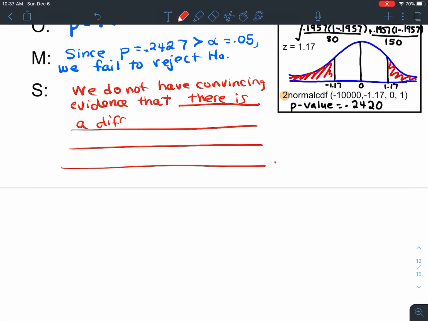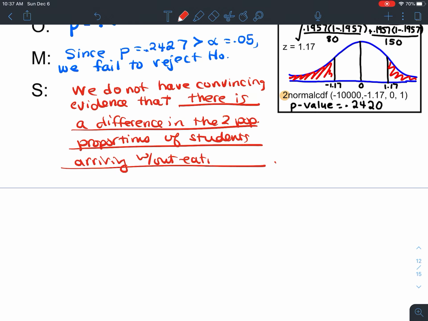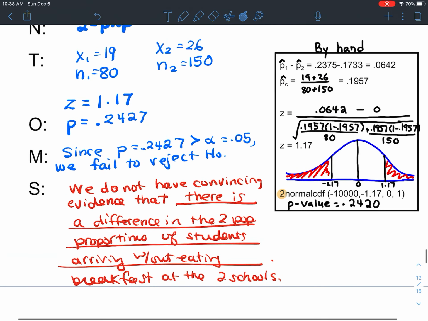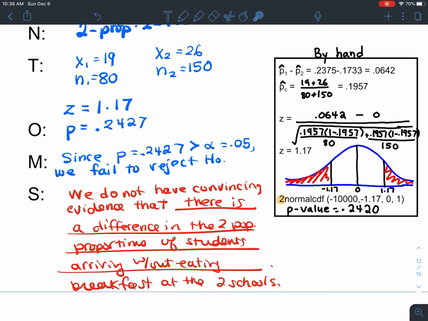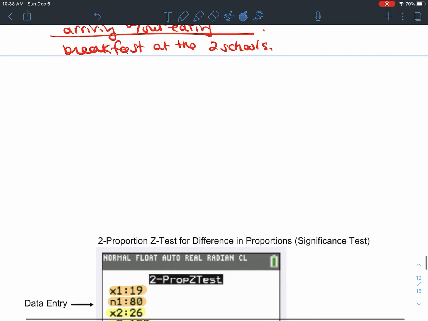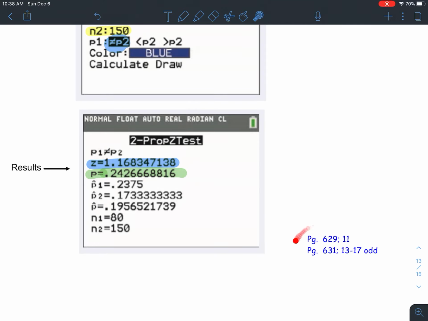So there is not convincing evidence that there is a difference in the two population proportions, here's my context, of students arriving without eating breakfast at the two schools. Again, I highly encourage you to just go ahead and use that calculator feature. Just make sure you're reporting the things that you're needing to input.